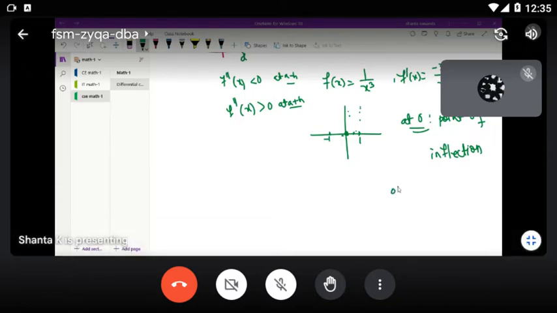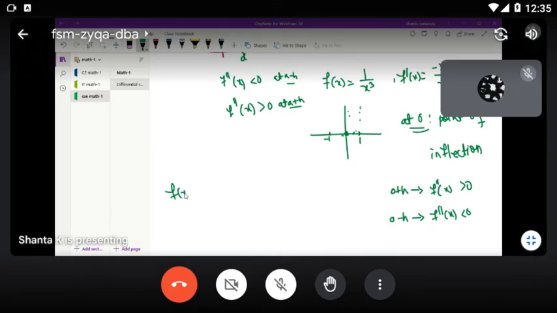Like 0 plus h, we have f double dash x positive, and 0 minus h, a very small value, negative. That means in the delta neighborhood these things are happening. So this side it's changing sign, so it will be a point of inflection.